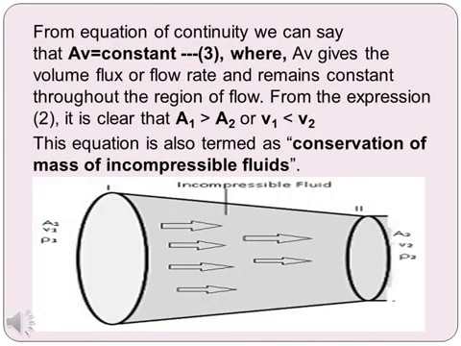From the equation of continuity, which is a1 v1 is equal to a2 v2, we can say that av is equal to a constant, which is expression 3, where av gives the volume flux or flow rate and remains constant throughout the region of its flow.